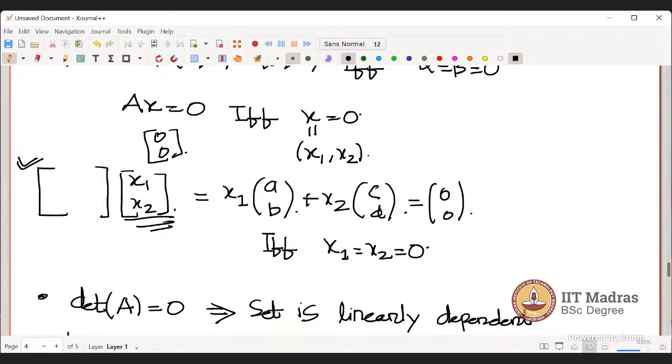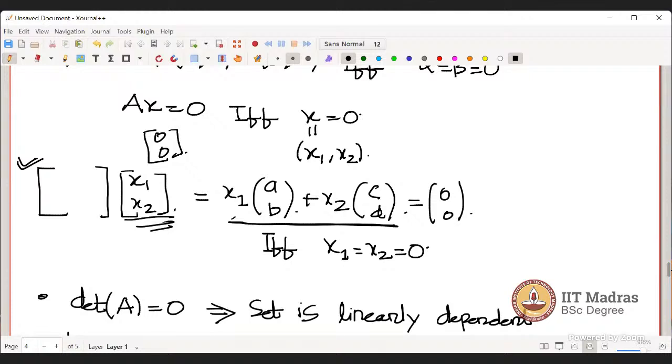So that is AX1 plus CX2 equals 0, and BX1 plus DX2 equals 0, correct? This is just a linear combination of (A, B) and (C, D). Instead of rows, I am just writing in terms of columns. Okay, yes, sir, got it. So this linear combination is 0 if and only if the scalars associated with it are 0.